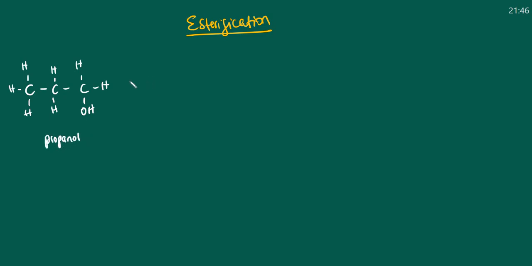Now, I take a carboxylic acid. Remember the functional group for carboxylic acids is H bonded to C, double bonded to O, and then it's like this. So when it's like this, it allows for other carbon atoms.